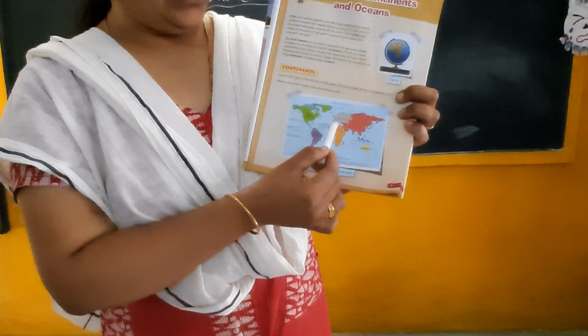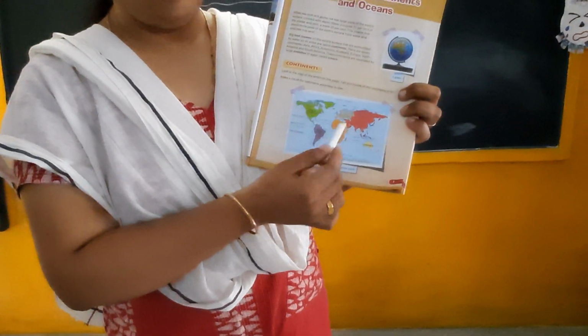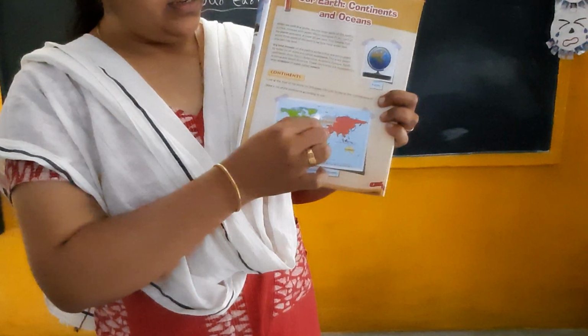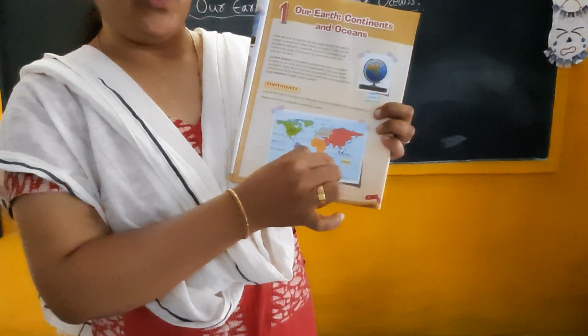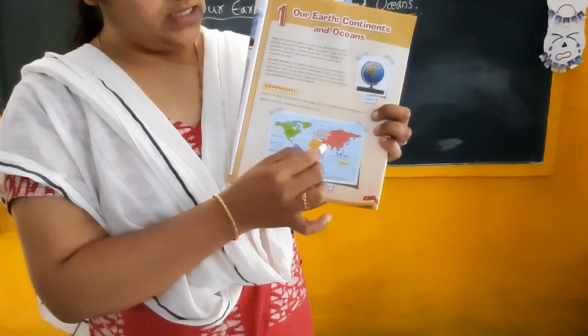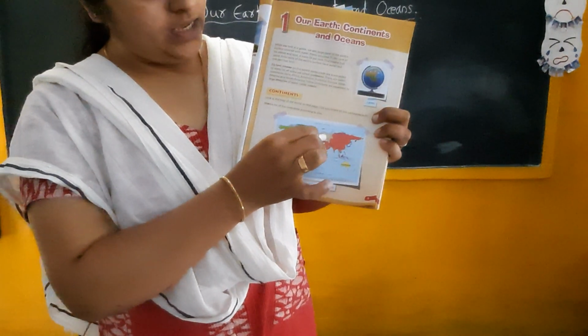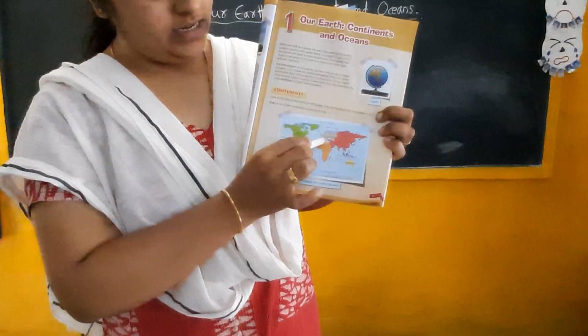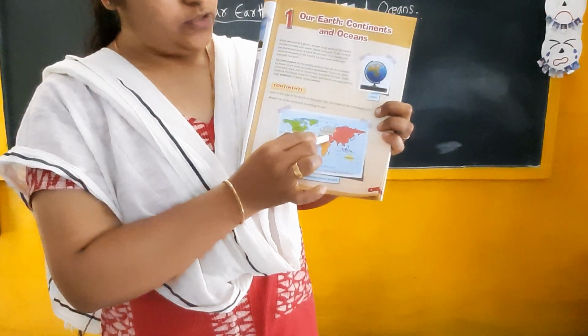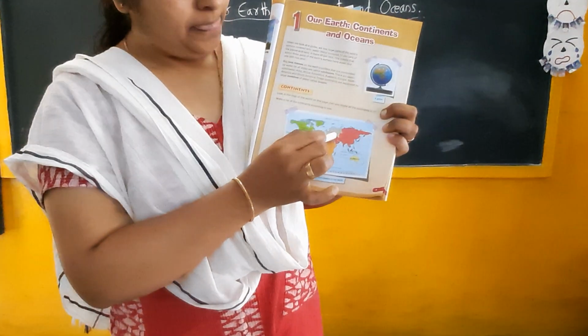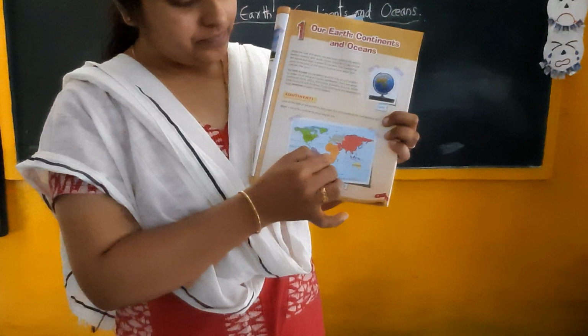Africa is here. By looking at this flattened map, we can see that it is covered with water bodies on all sides. Here in the northern side it is water, the Mediterranean Sea, between Europe and Africa.